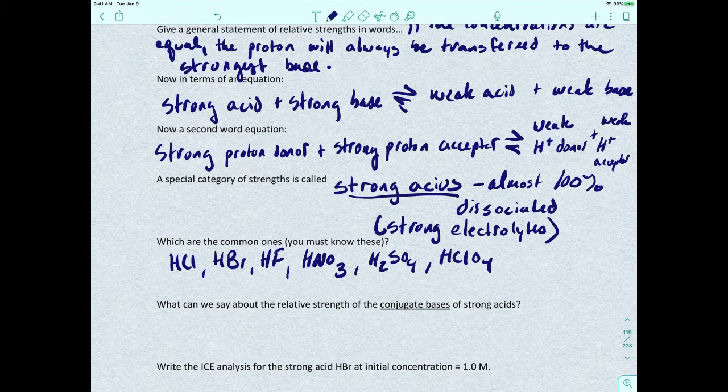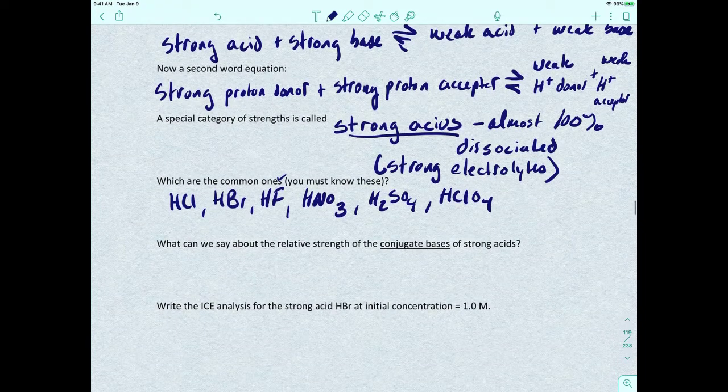Now, HF can also be classified as a weak acid from time to time. All these strong acids can dissociate almost 100%. Like I said, HF is one of those that's kind of on the fence. We can actually make a statement here about the relative strength of the conjugate bases of strong acids.